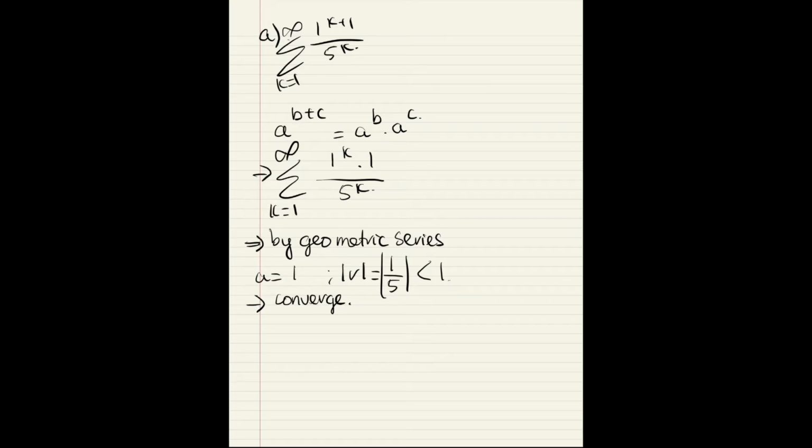These three are the necessary steps that you should write during the exams. First, you have to state which test you are going to use. This is the geometric series test. The second is that you have to know what a is and what r is, and notice that it is the absolute value.